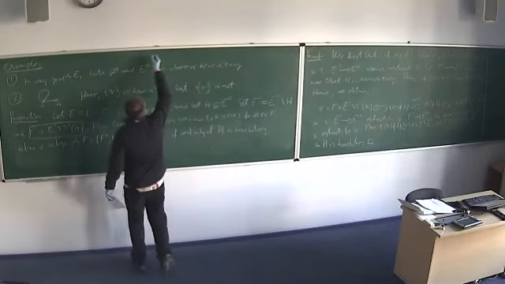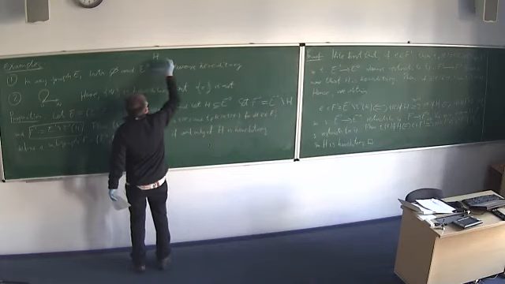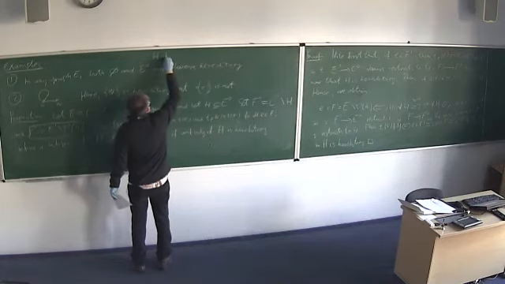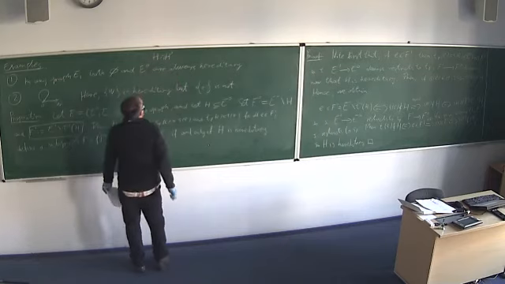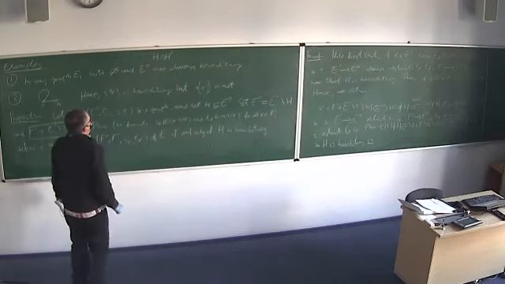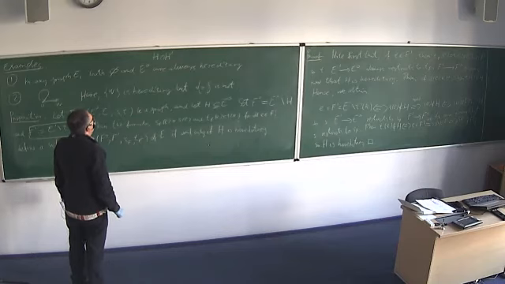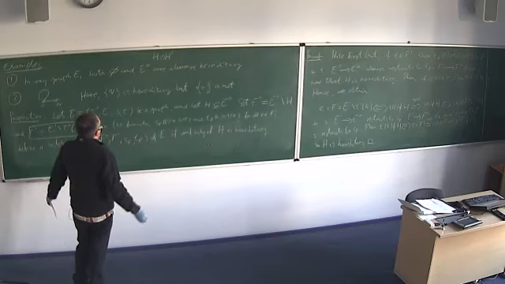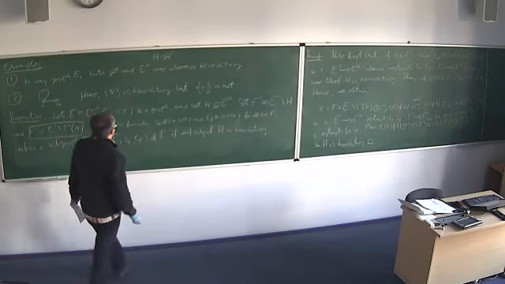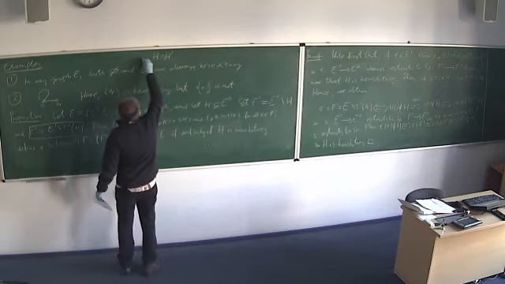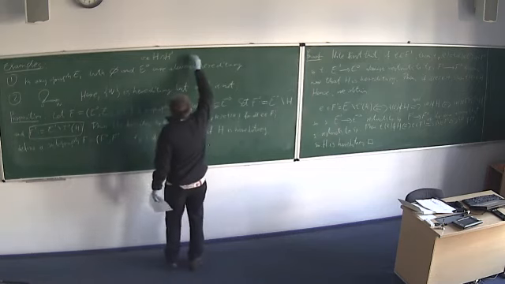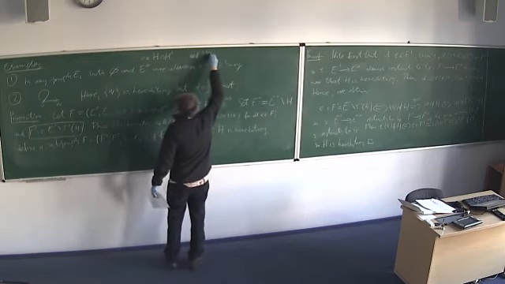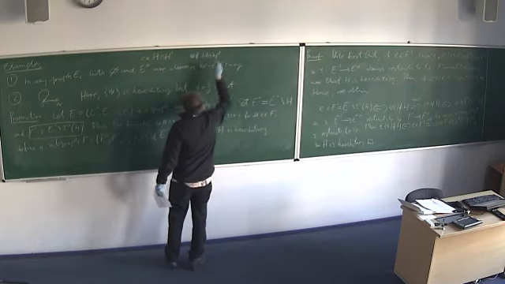So I have H and H prime hereditary, and I take H intersect H prime, okay? And let me argue by contradiction. So let me assume that I have a vertex V in here, and I have a vertex W outside of the set, okay?